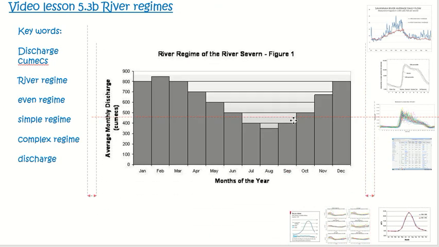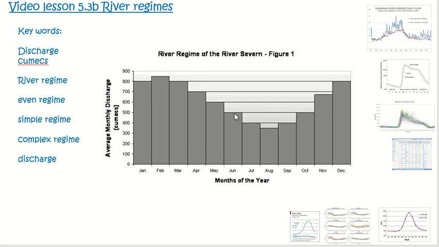So this is a river regime for the River Severn in the UK, and if we were to describe this, we'd say that in winter time rainfall levels are higher, discharge decreases in summer, and we can assume as well that evaporation rates increase, so the outputs increase, and then it rises again in winter.